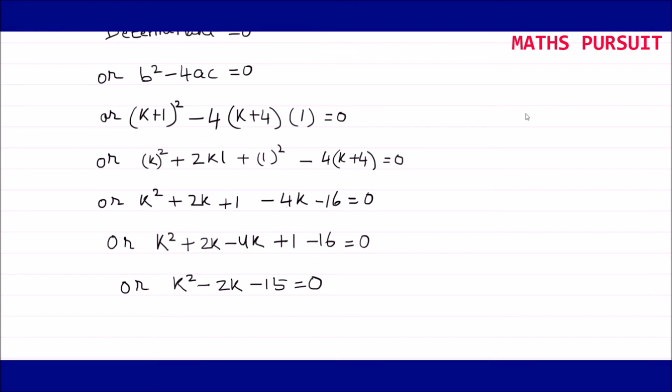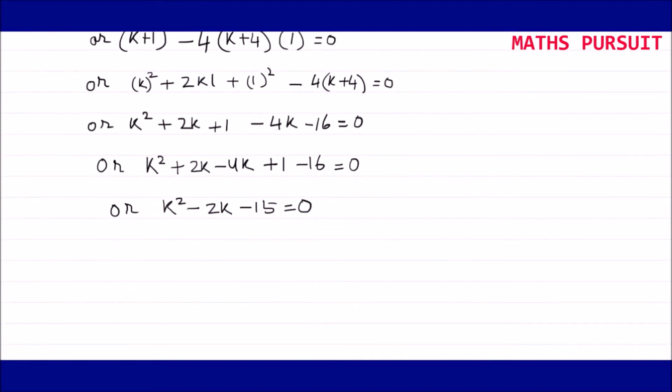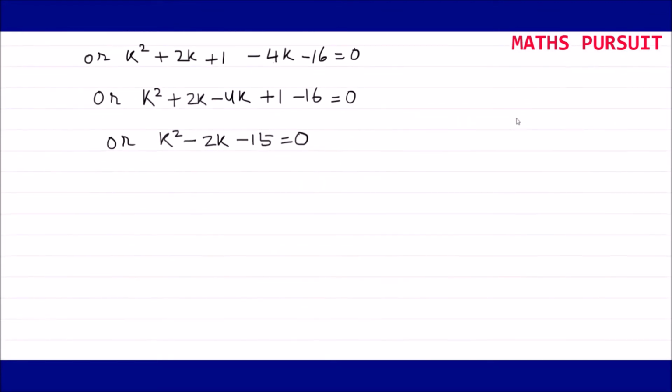Now guys, let us use the factorization method and try to factor it, and solve this quadratic equation. Let us focus completely on this quadratic equation: k square minus 2k minus 15 is equal to 0.